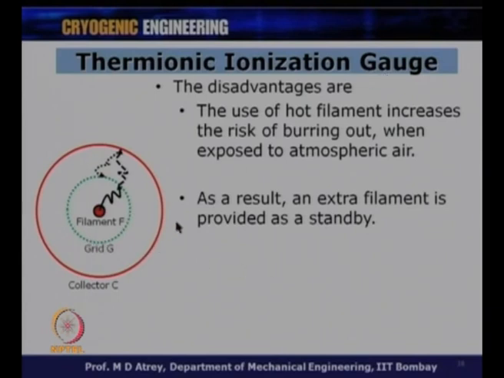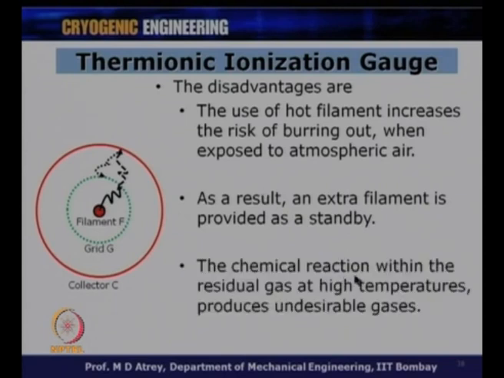One has to be really expert to handle these gauges. The chemical reaction within the residual gas at high temperatures produces undesirable gases. Because of the high temperature, sometimes there could be some reaction between the residual gases, and that also should be avoided. So, there are some risks associated with the usage of this thermionic ionization gauge.